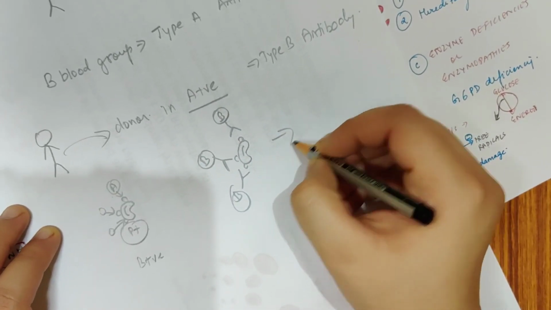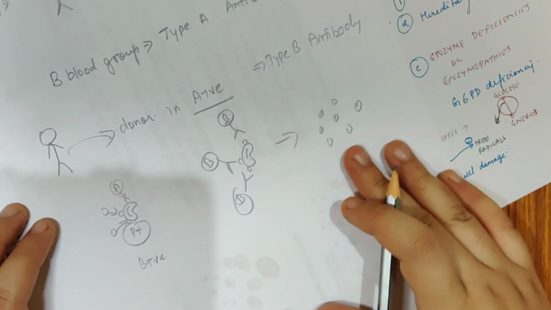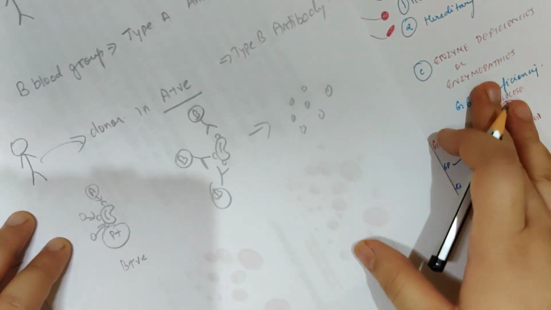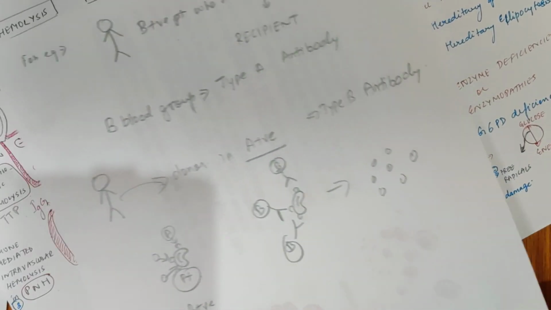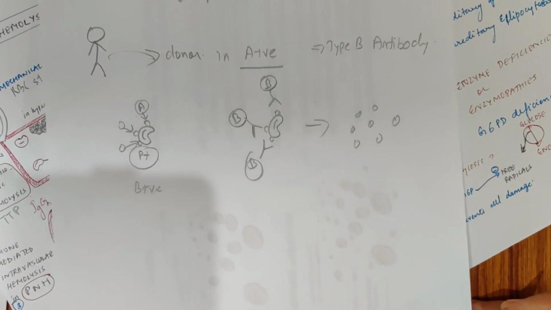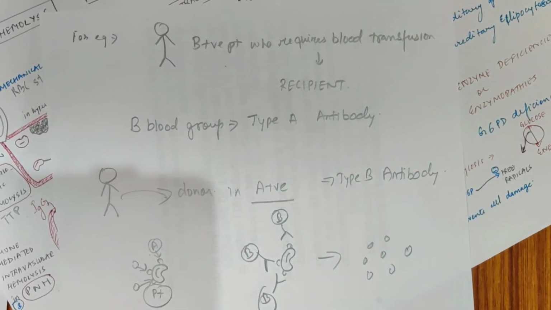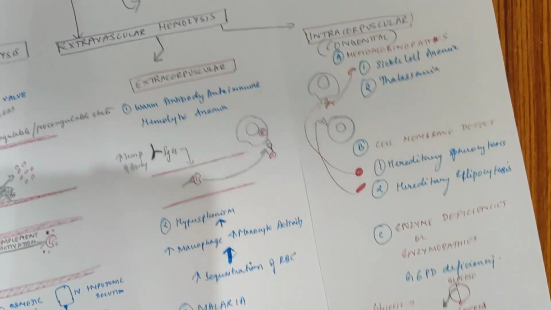Because of this, these RBCs will also get destroyed. This is known as a transfusion reaction, because there is an alteration in the antibodies. This is very important. Whenever you give a wrong blood type to a patient, this reaction occurs.